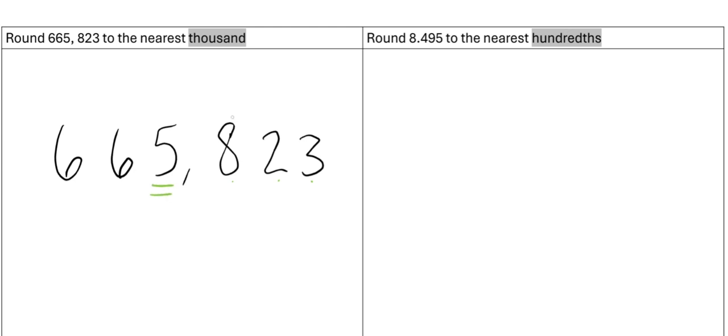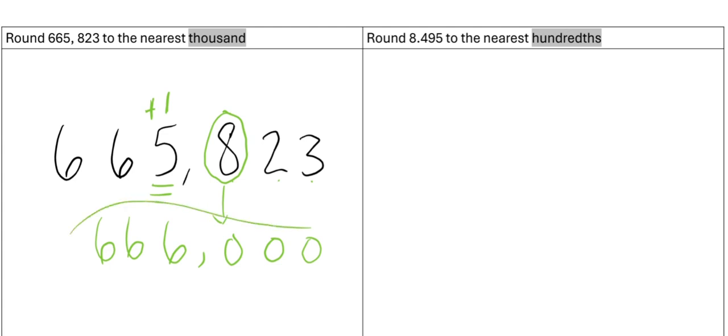This is my thousands place. I circle my partner. Now this tells me where my zeros start. 1, 2, 3. It is an 8. With an 8, I go up. So then I come over here and add 1 to this 5. 5 plus 1 is 6. Everything to the left stays the same. So that is my whole number right there.